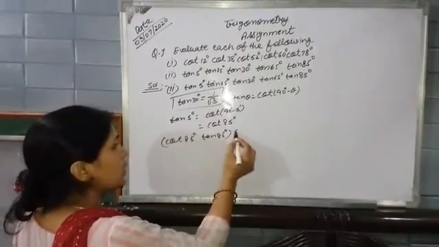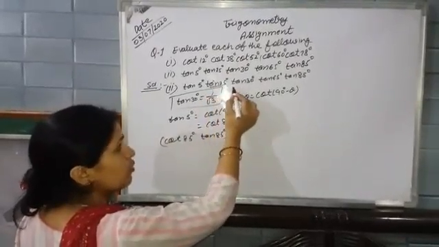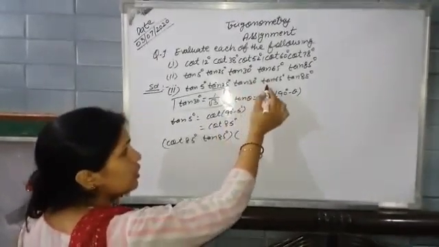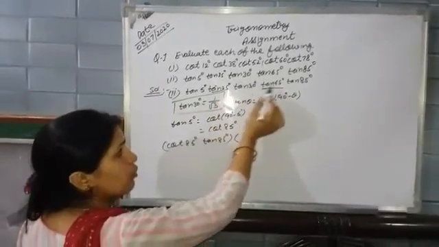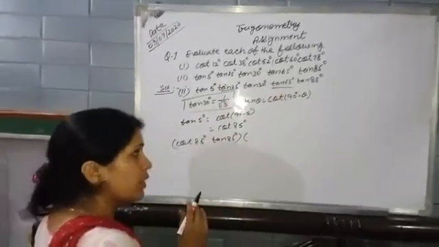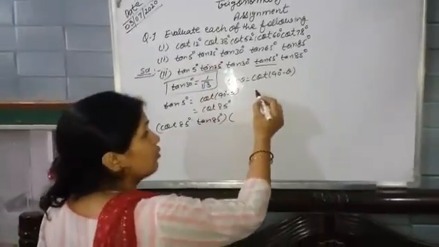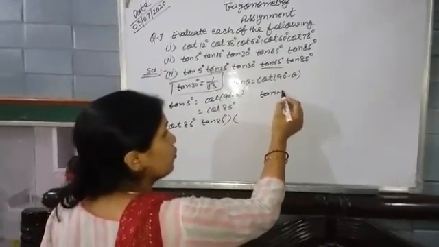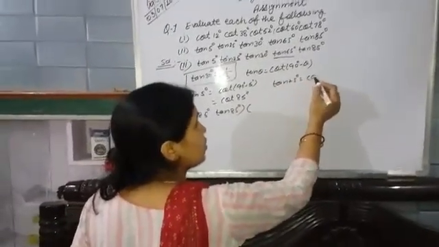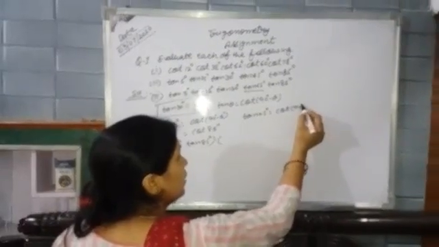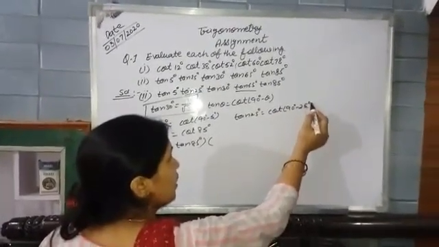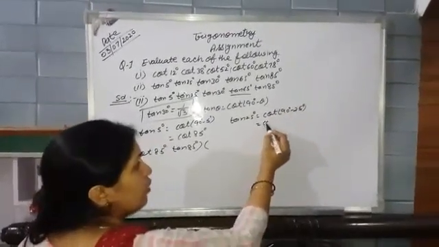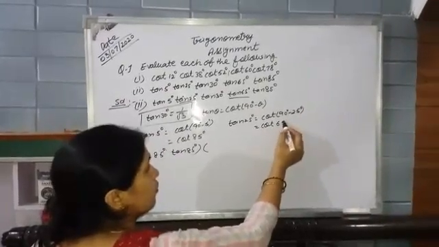Now next one is tangent 25 and tangent 65. 25 plus 65 is equal to 90. Yes, it means tangent 25 can be written as cot of 90 minus 25, and 90 minus 25 is 65.